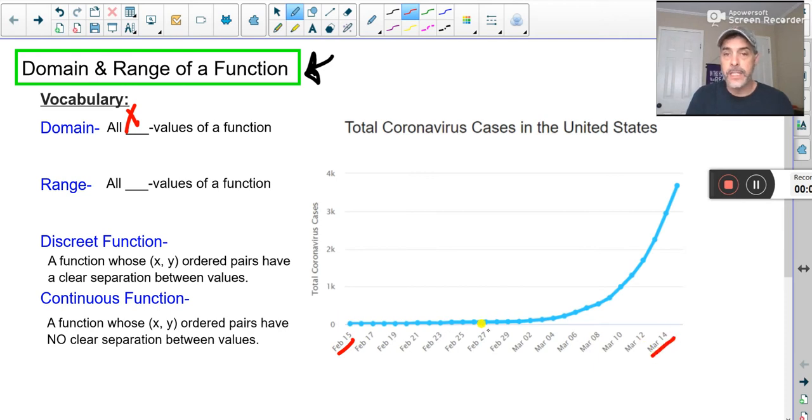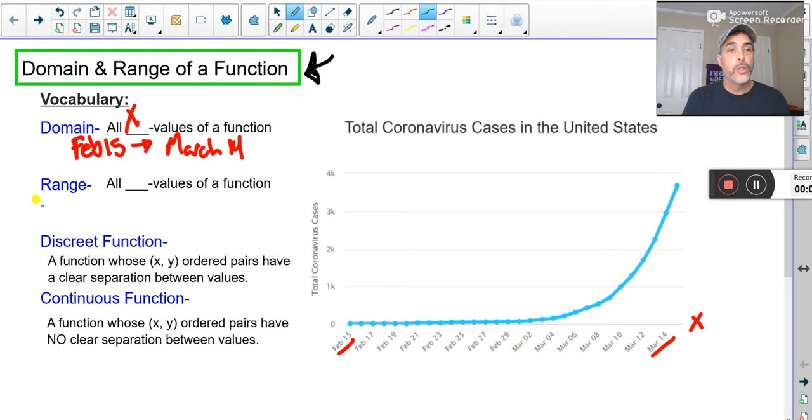Each one of these dates represents an x value of this particular function. So maybe my domain here would be February 15th through March 14th. That is all of my x values.